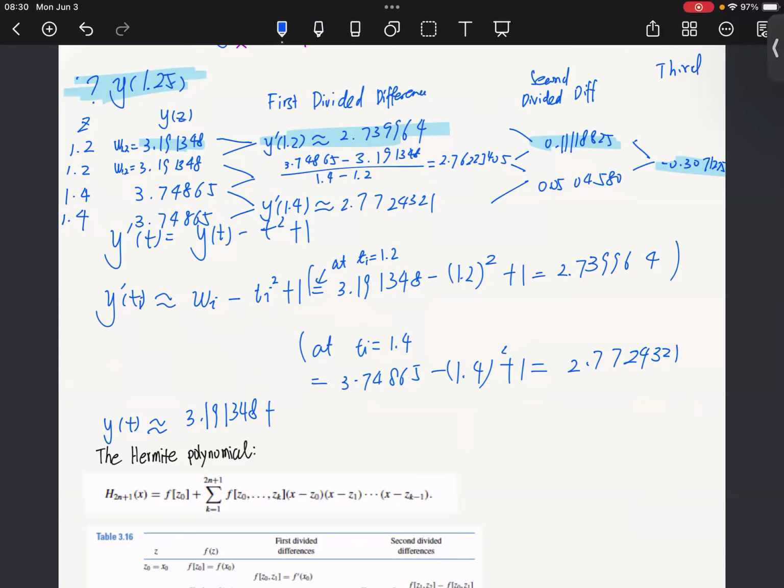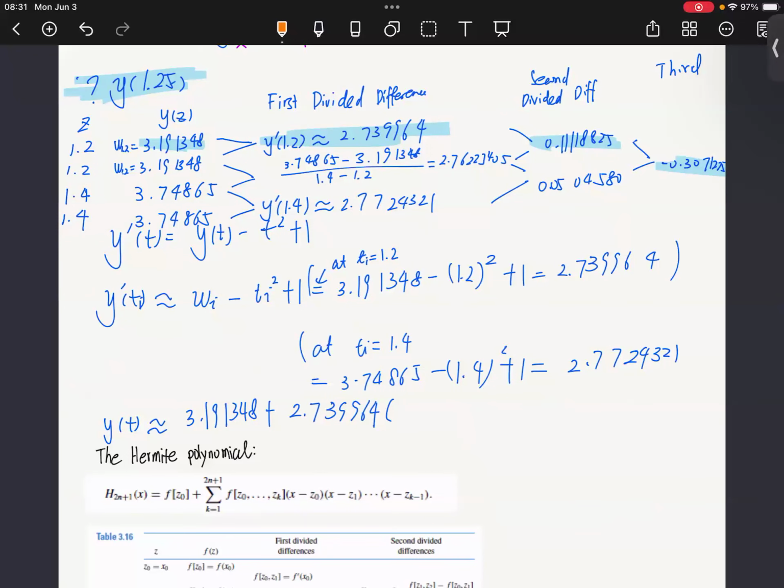And for the polynomial here, we have x minus z0, because the expression in the polynomial ends at k minus 1, and k equals 1 means that the expression ends at z0. So first we focus on the values in the first divided difference column, and we got 2.713994. And for the polynomial here, we just need the first point, and this is our z0.